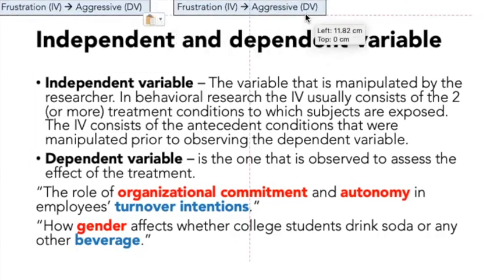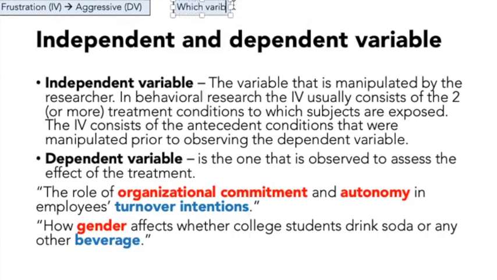I'm going to write it here. Which variable influences the other variable? Now, there are two variables, right? What is the variable that will influence the other variable? One variable always has some impact on the other. So what is that variable?